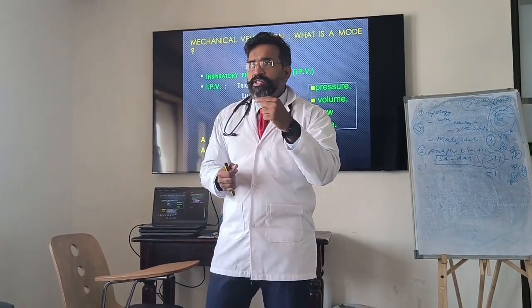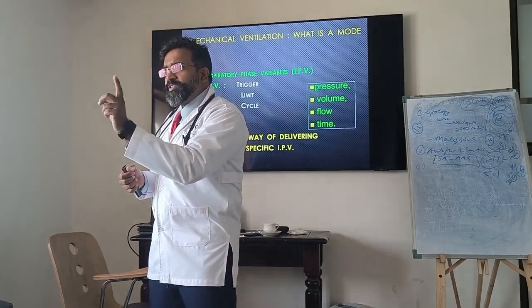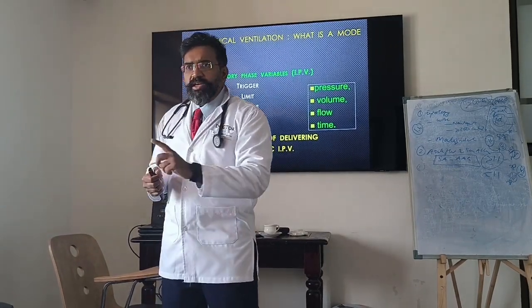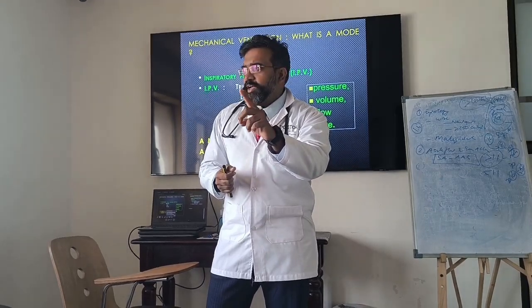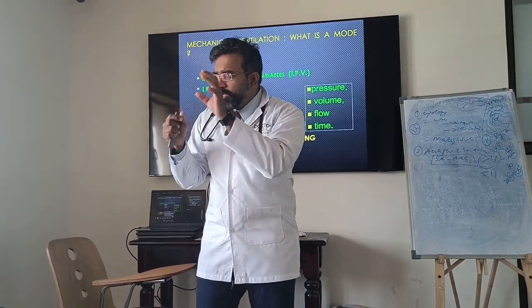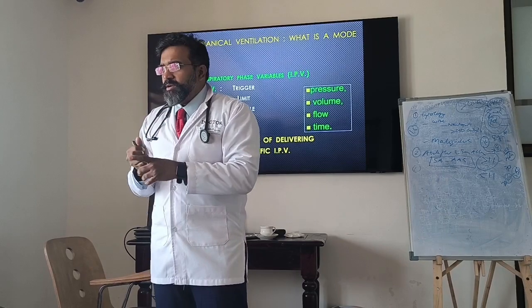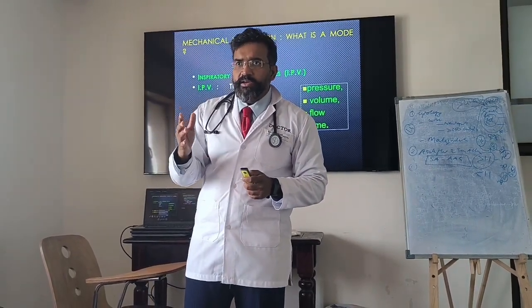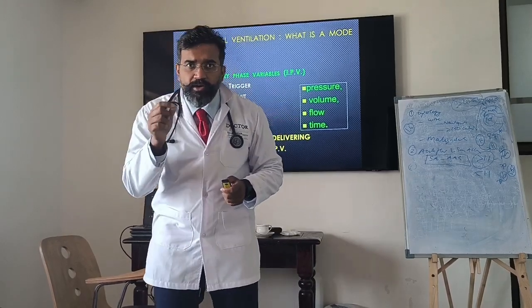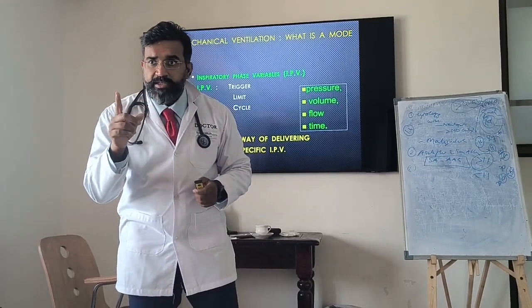What you see in your GE as pressure control will be seen in your Draeger as BiPAP. The terminology changes, but the breath remains the same. The mode of delivery remains the same. That is why what you need to know is the mode of delivery.